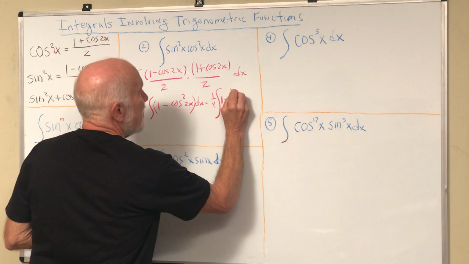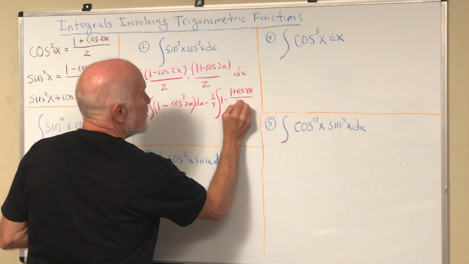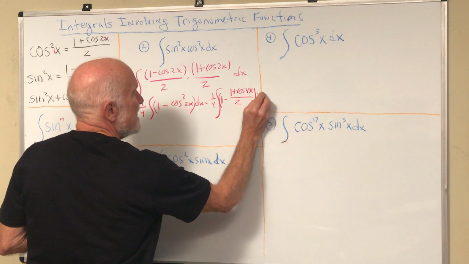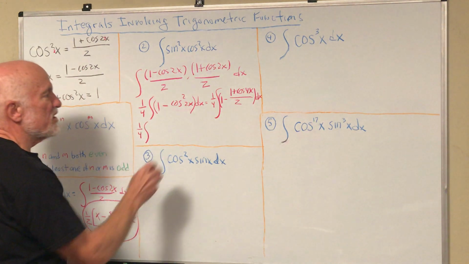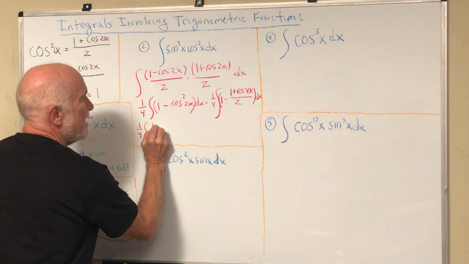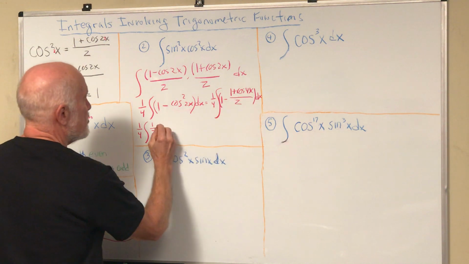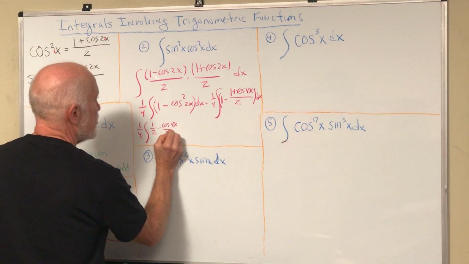So I get 1 plus the cosine of 4x all over 2, and this whole thing dx. So probably what you want to do is combine things together. 1 minus 1/2 is 1/2, and then you have minus the cosine of 4x all over 2.